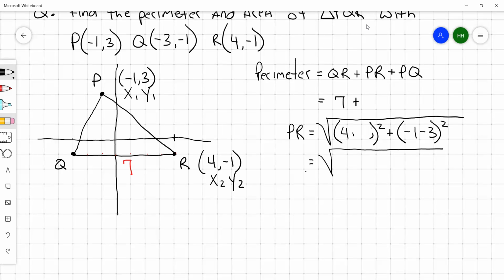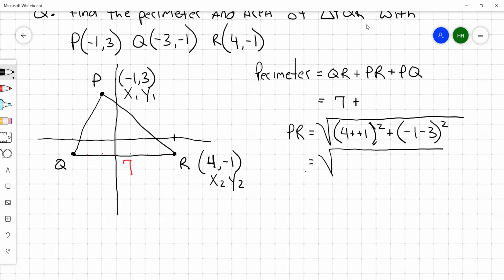This x sub 2 minus x sub 1 should be 4 minus negative 1. Here's the x sub 2, this 4, minus your x sub 1, which is negative 1. So change that in there to 4 minus negative 1. My brain just isn't working right today. I'm so frustrated.